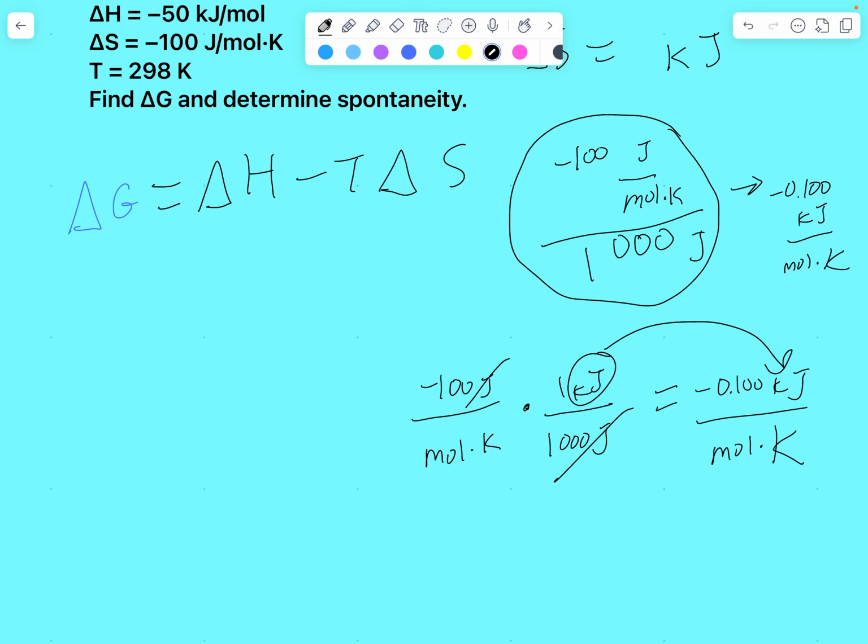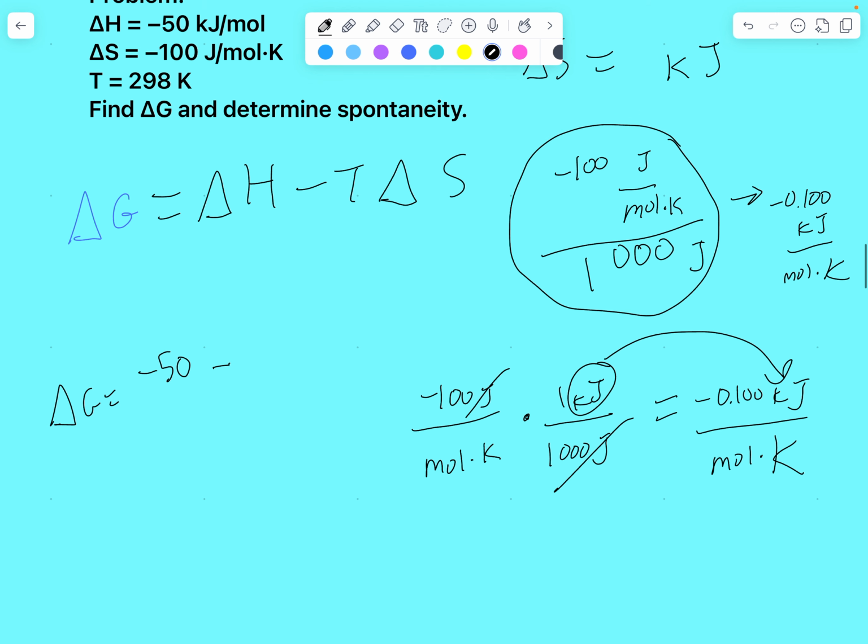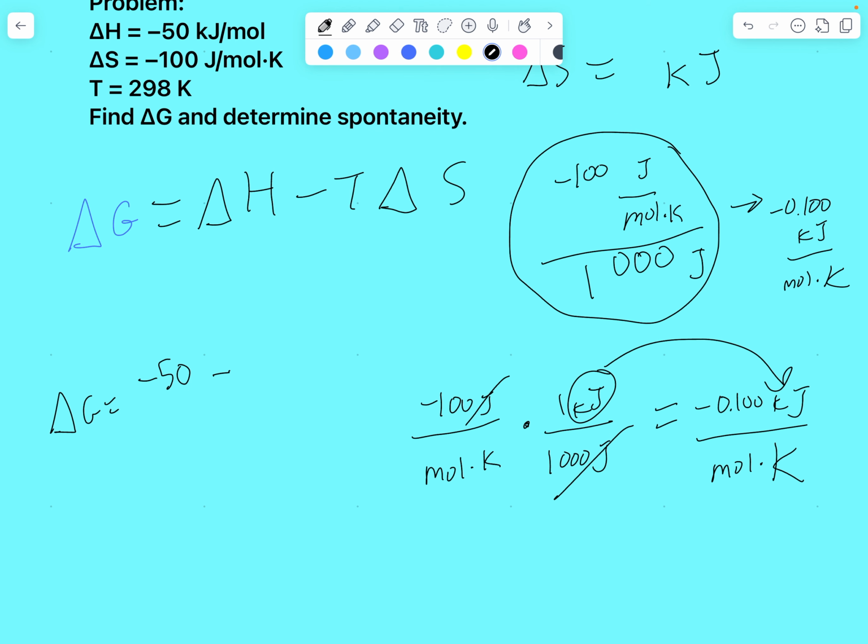Okay. The next thing is now we plug in. So we have delta G equals negative 50, and they're both in kilojoules now, so that makes me happy. So I have negative 50 minus 298 Kelvin times negative 0.100. And again, some teachers want you to write the work out, some don't. I'll just write it out for the heck of it.